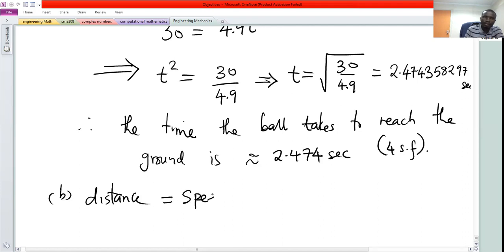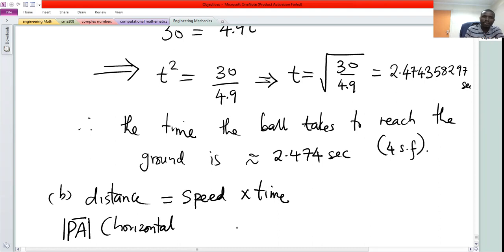Because we are interested in finding the distance PA, which is horizontal, the horizontal distance PA will simply be given by UX times the time of flight, the time we take to reach point A.